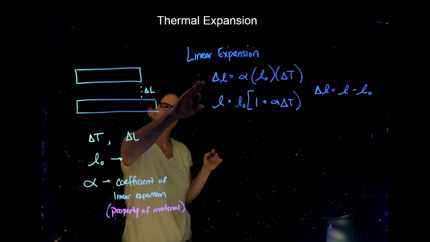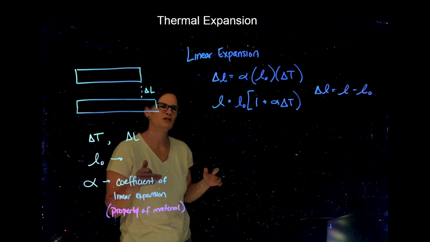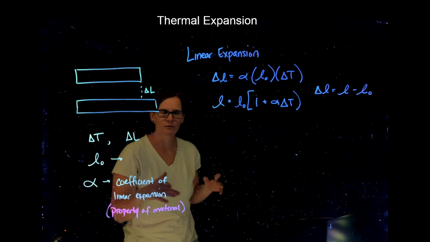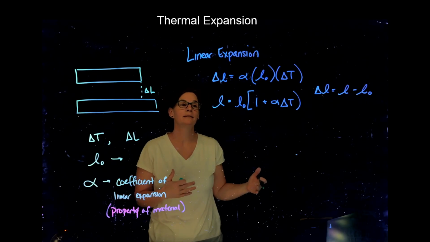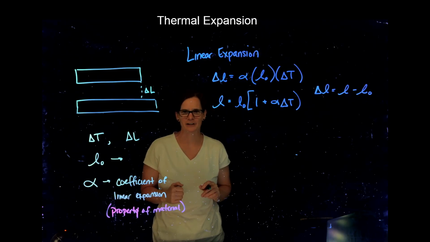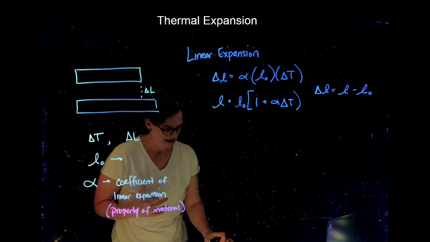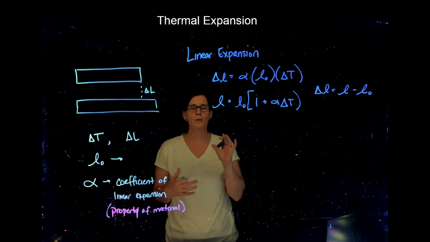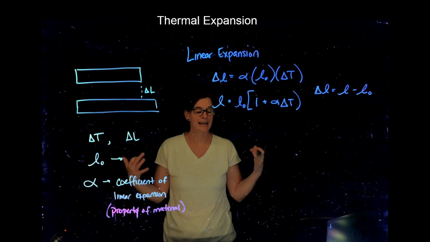I can look at the linear expansion as a total overall change using the first relationship, or based on the definition of what change means, I can look at what is the length I end up at given the parameters that affect linear expansion. Okay, so that is how we think about an object expanding linearly, the length changing.